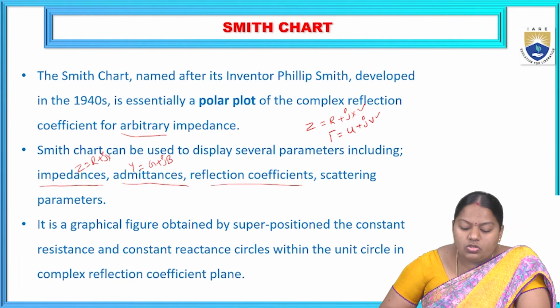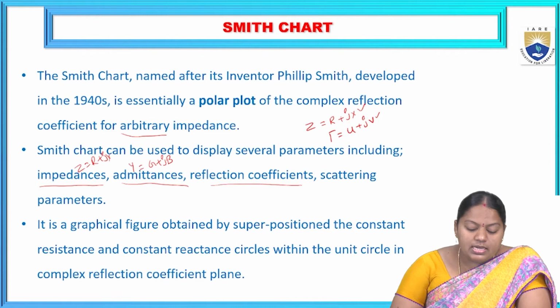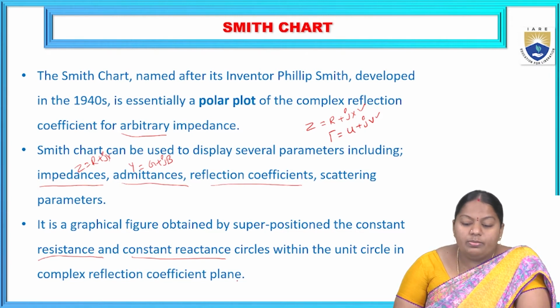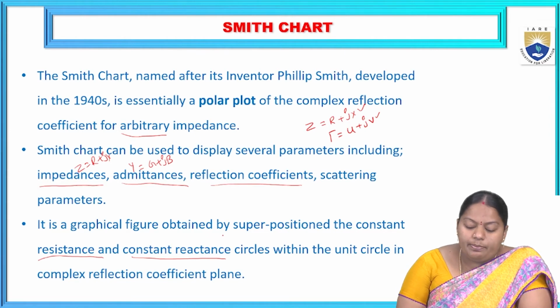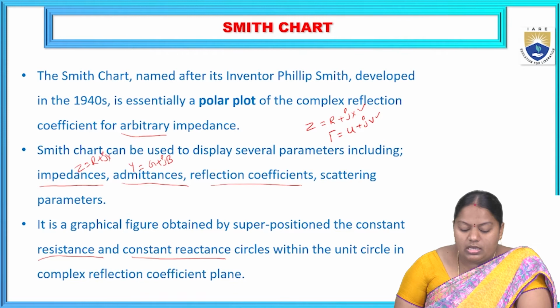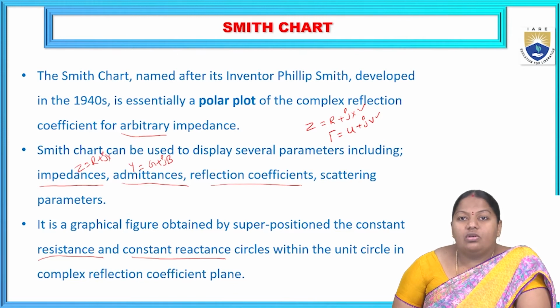So Smith charts can be used to display several parameters including impedances, admittances, reflection coefficients, standing wave ratios, and scattering parameters. It is a graphical figure obtained by superposition of the constant resistance circles along with the constant reactance circles within the unit circle in the complex reflection coefficient plane.